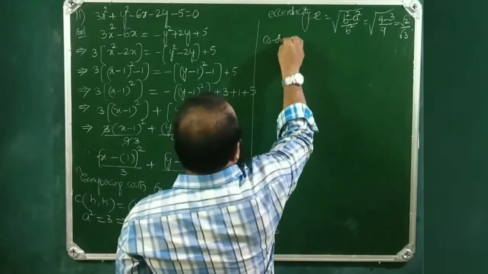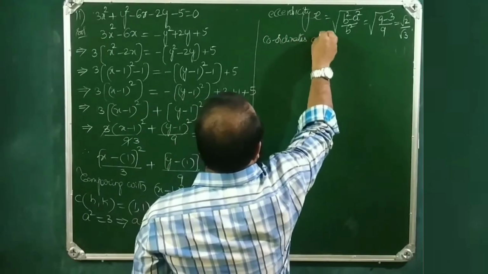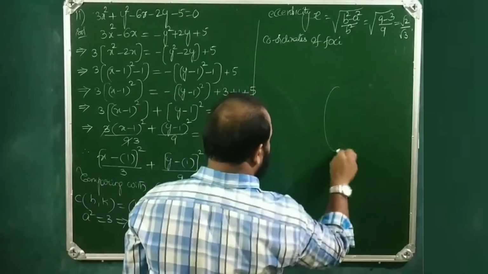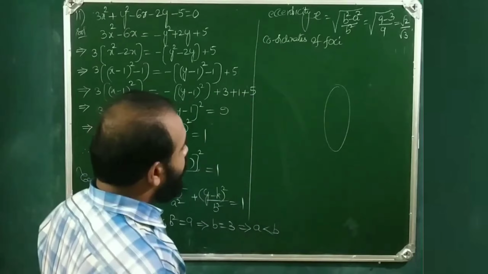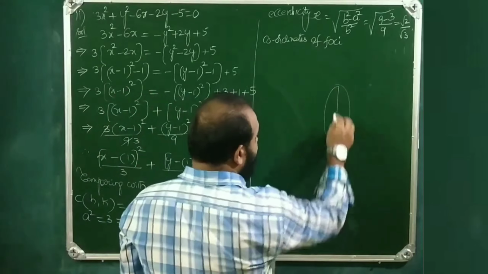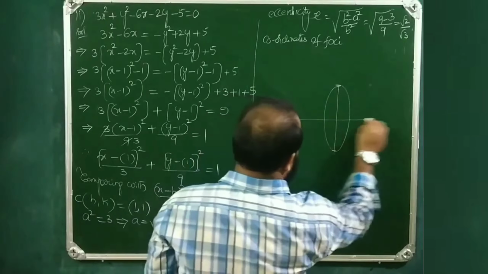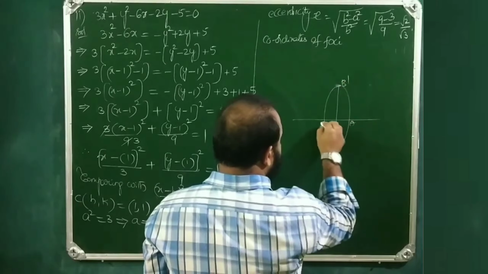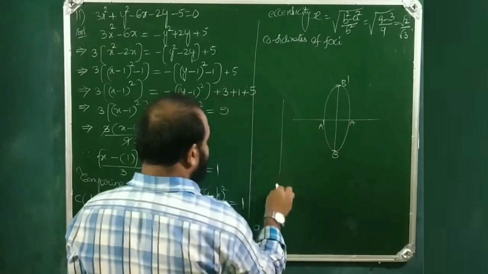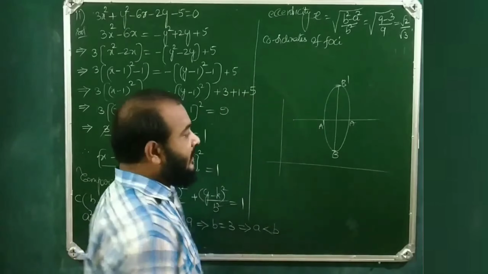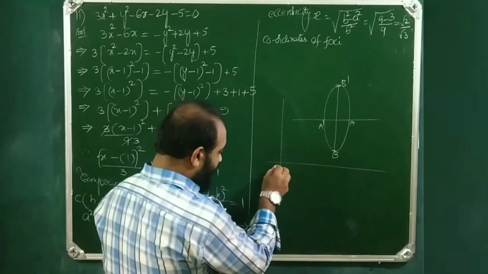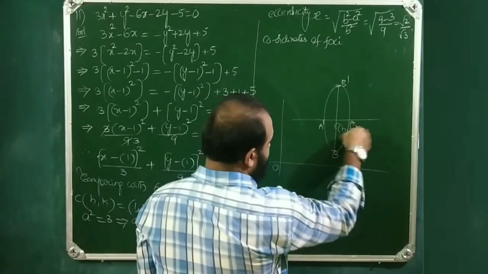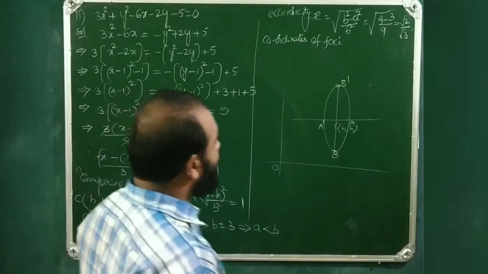Coordinates of foci. So since the ellipse is like this now, this is B dash, this is A dash, and its center is not at the origin. Therefore the origin is here, and here C, h comma k, is. Now the coordinates of foci.